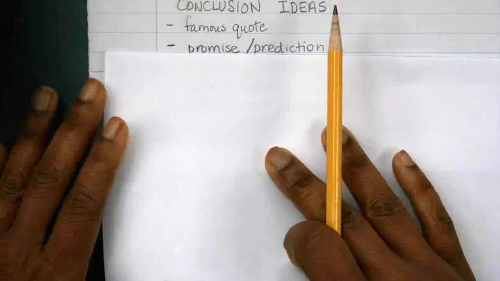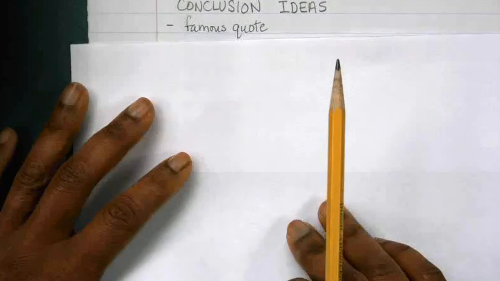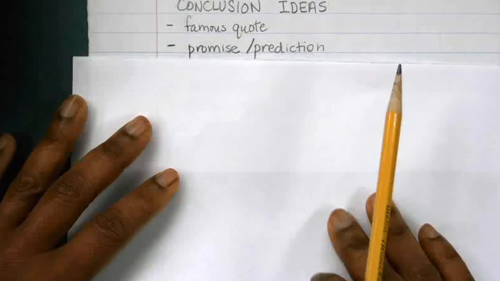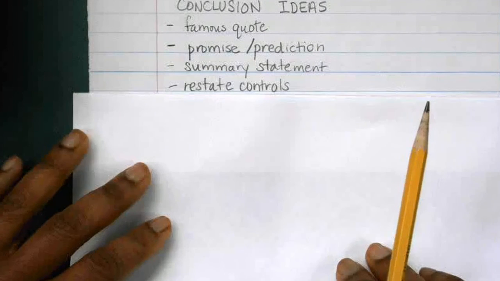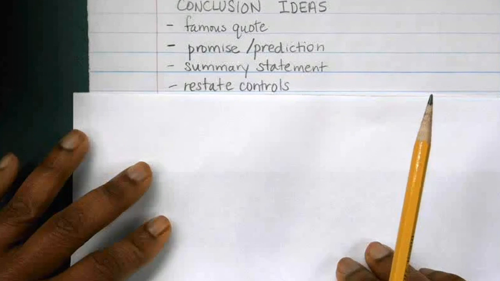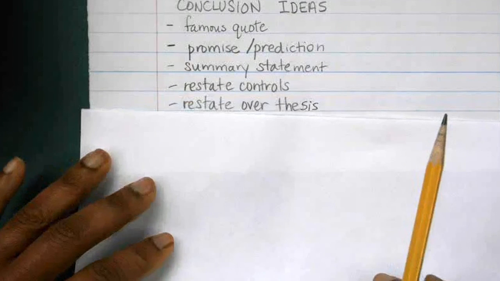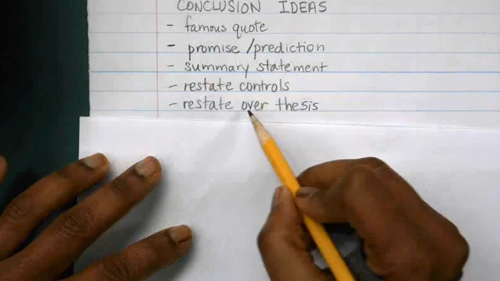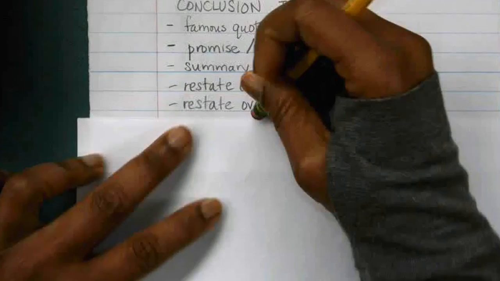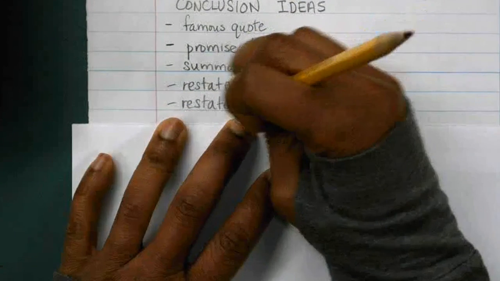Now, when it's time for you to close and conclude, there are a few things you can do. You can use a famous quote like I did. You can make a promise or prediction like I did. You can end with a big sweeping summary statement. You can restate your controls. That's an oldie but a goodie. You can restate the thesis.